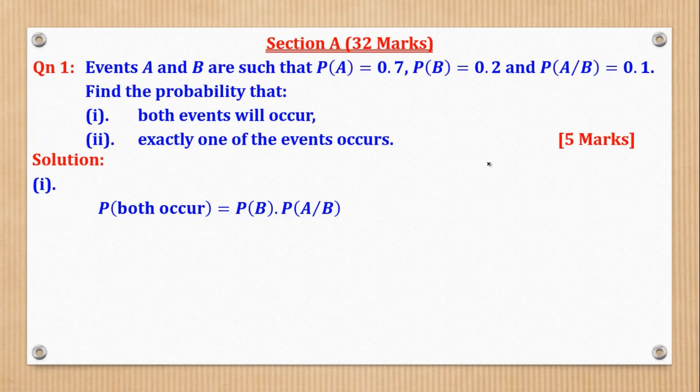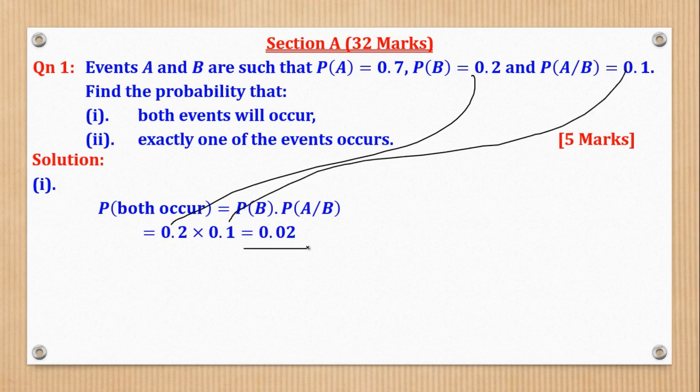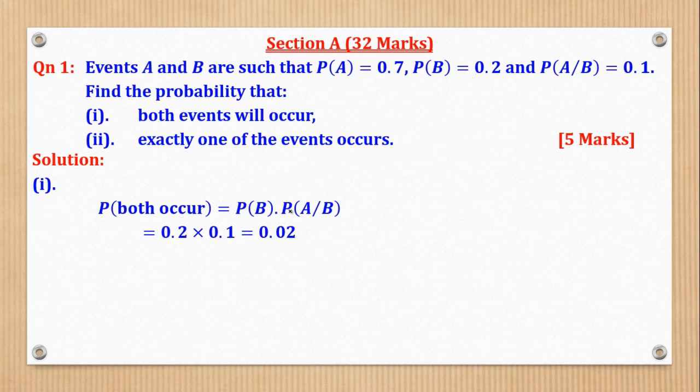After knowing that formula, we can substitute for probability of B and probability of A given B to give you 0.02. And that's what they wanted in Roman 1.